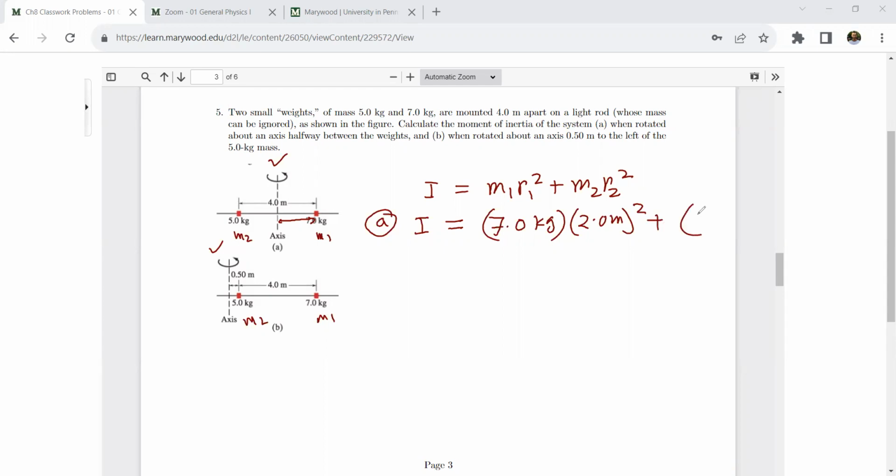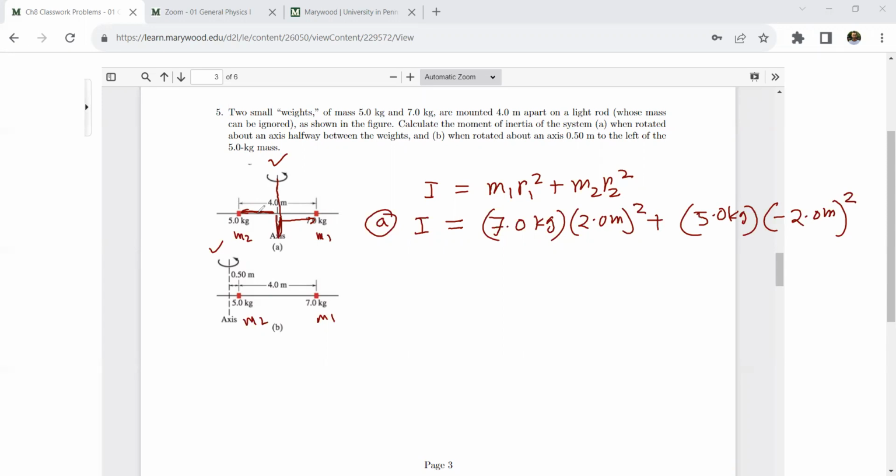And M2 is what? M2 is 5 kilogram. And R2 is negative 2 meter, but it is squared. Okay, so negative because it is on the negative side. If we think that this is the origin, this is the negative side. That's why I wrote negative 2 for 5 kilogram.